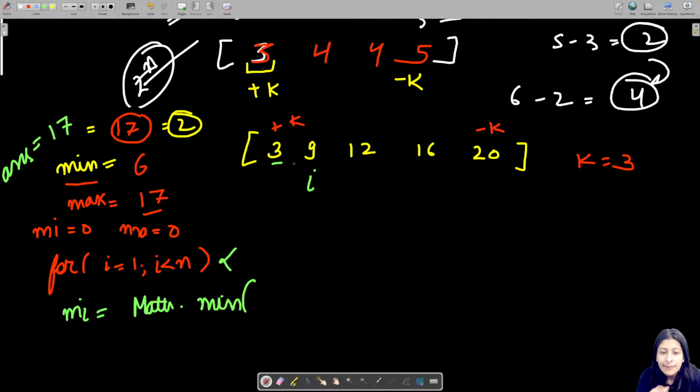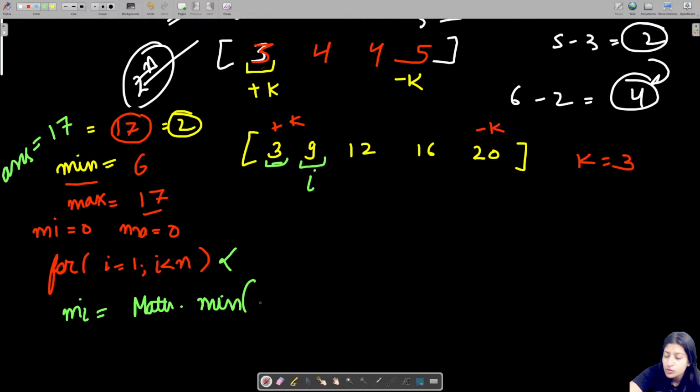When I am at ARR of i, I am trying to take each tower in pairs. So if I'm here, I am going to compare these two towers. This is the bigger one because I am in a sorted array. So I will compare if I reduce ARR of i by k and if I increase ARR of i minus 1 by k, which one is still the minimum? That should be stored with mi. Getting my point?